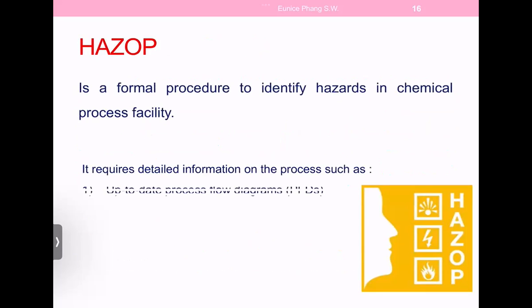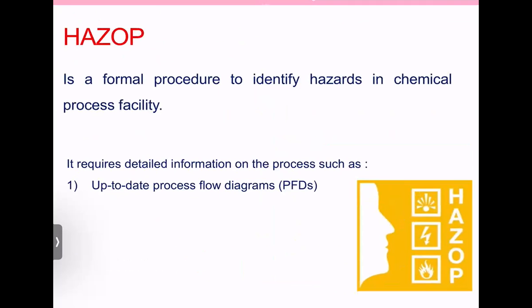When we do HAZOP, we need certain things. We need your process flow diagram. If you do not have a process flow diagram, that process may not be suitable for a HAZOP review. Perhaps you may want to start by drawing a simple process flow diagram first. And a process flow diagram is different from a P&ID, by the way. Let me just scribble here.